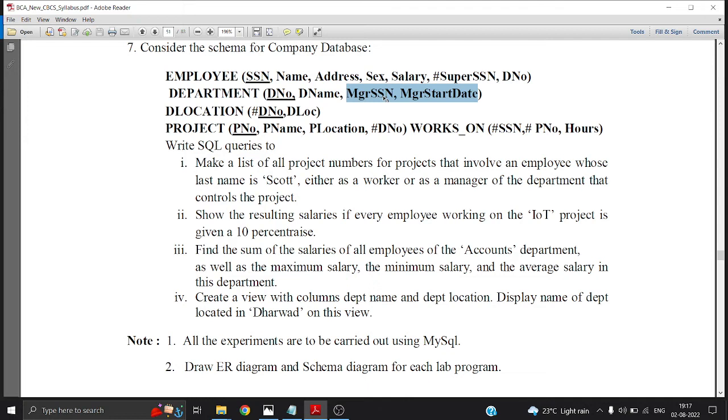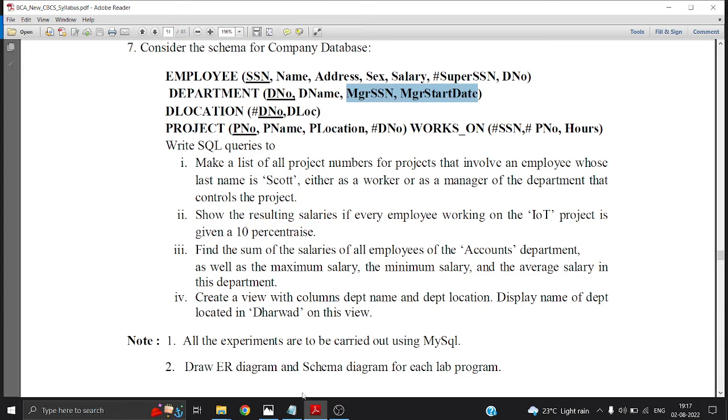One employee can manage more than one department. Because of that, the role played by the employee is given as MGR, which stands for manager SSN. Just like the supervisor SSN, the column name itself says what role this SSN plays. So in the department table, the manager SSN is the foreign key.